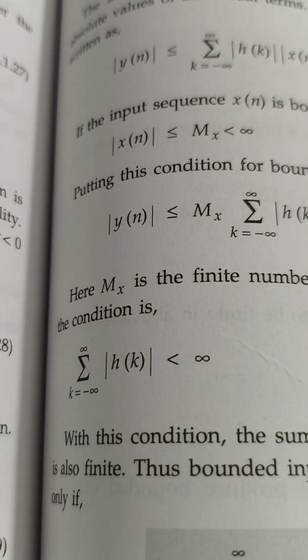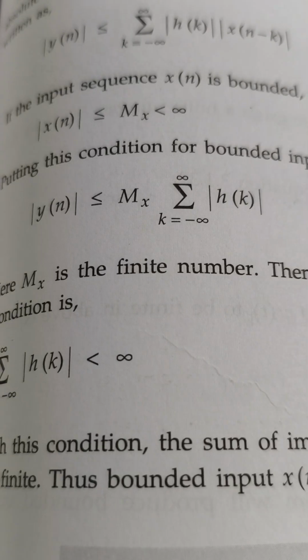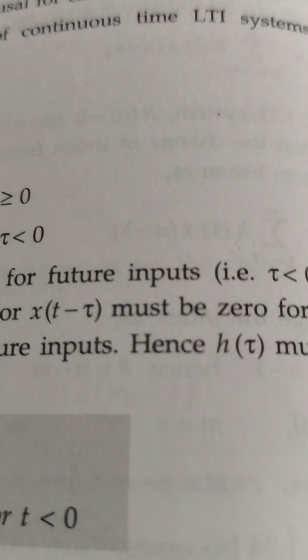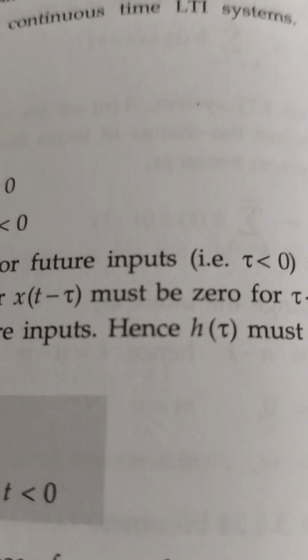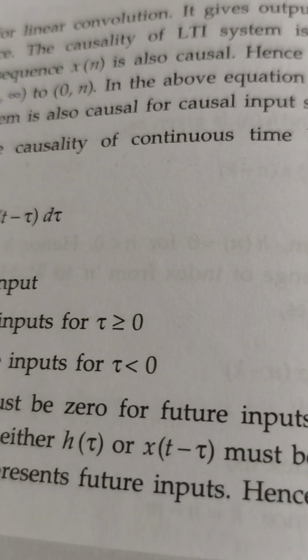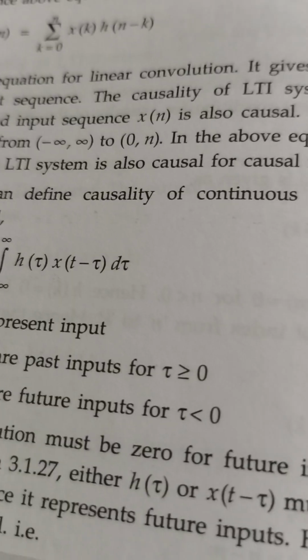When the result is less than infinity, such systems are called stable systems.